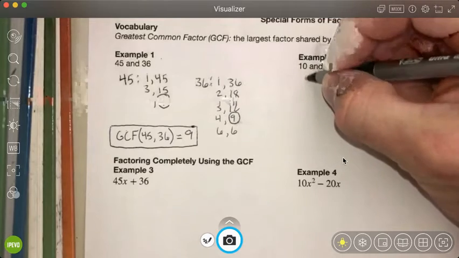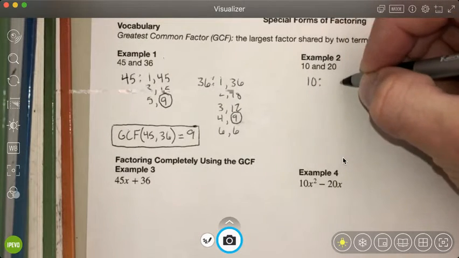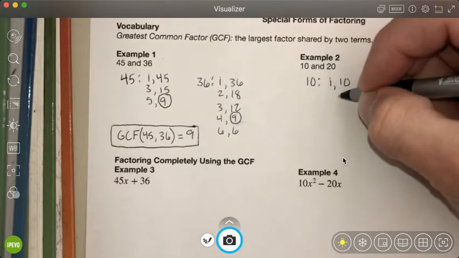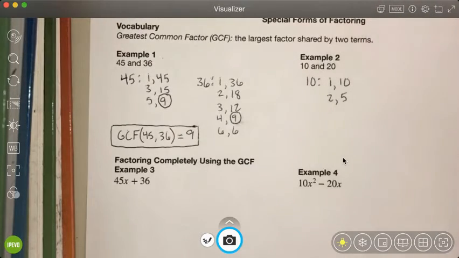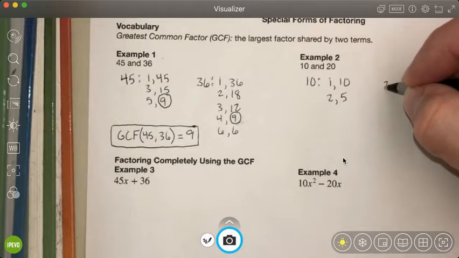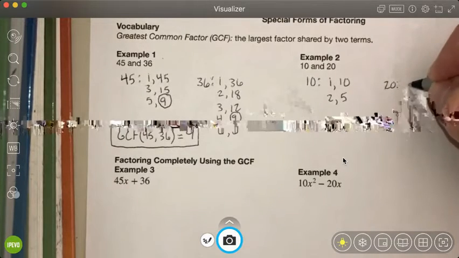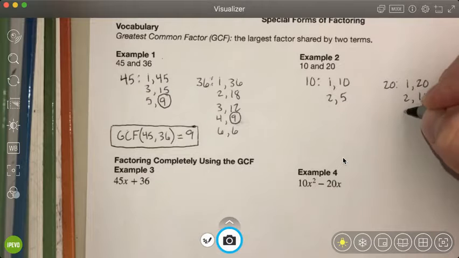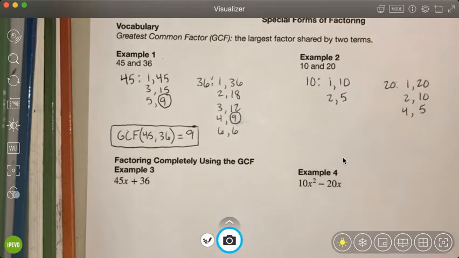Over here, I'm going to do the same thing, but I chose this one because it's a bit of a special case. The numbers that multiply to get 10 are 1 and 10, 2 and 5. And for 20, it's 1 and 20, 2 and 10, 4 and 5.